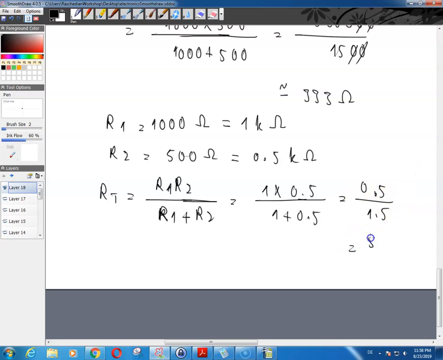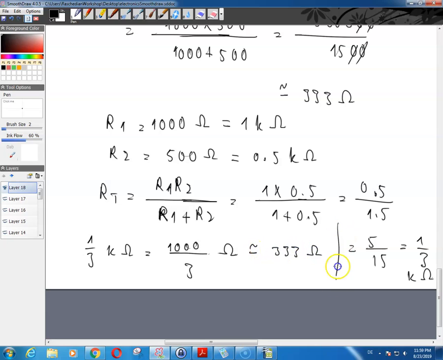Multiply by 10, you'll get 5 over 15, which is equal to 1/3. So this is 1/3 kilo ohm, which is the same thing as 1000 thirds ohm, the same thing that we calculated, approximately 333 ohm.